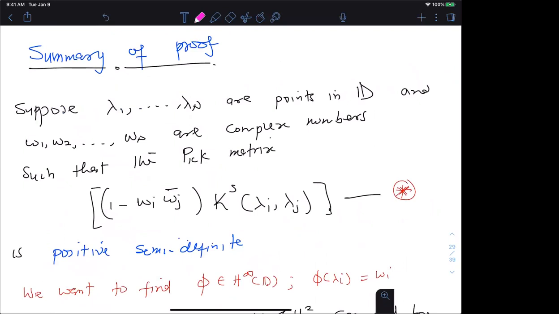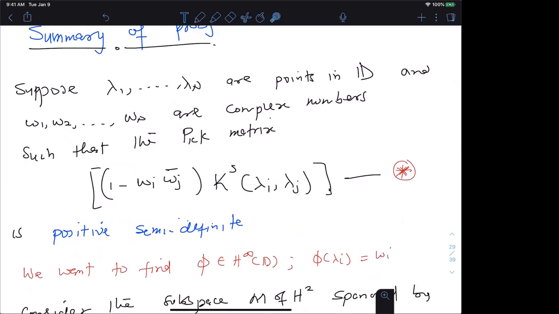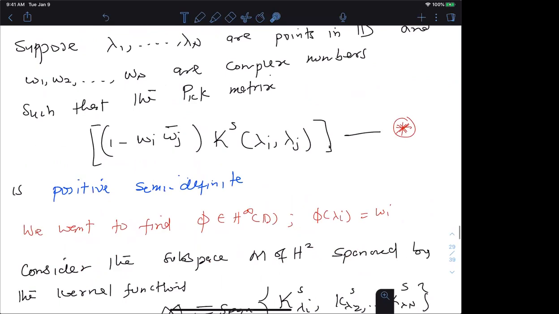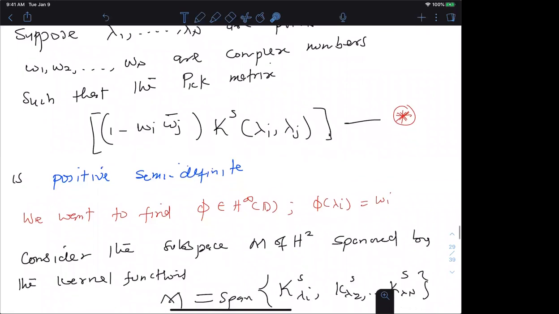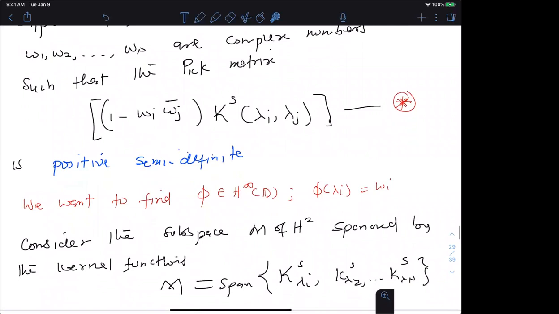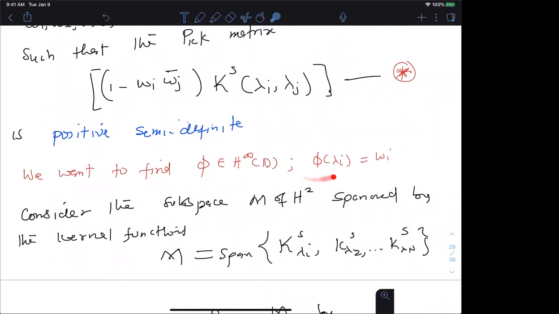So suppose lambda 1 through lambda n are the given points and omega 1 through omega n are the complex numbers, such that the Pick matrix is positive semi-definite. Now we want to show that there is a function phi in the multiplier algebra of H2, or in the Hardy space H infinity, that interpolates the data.